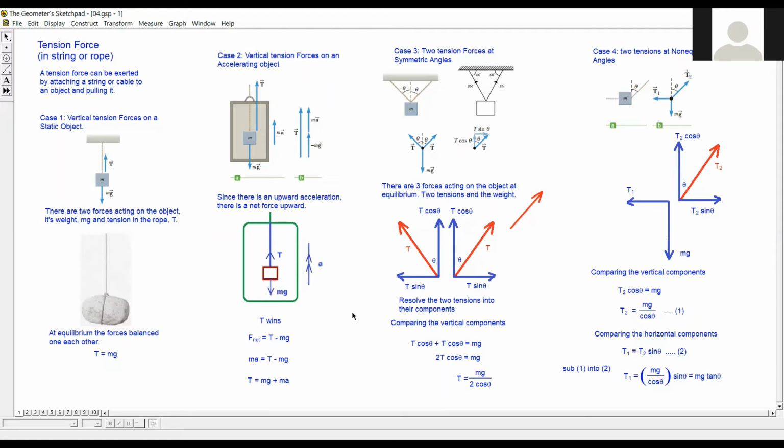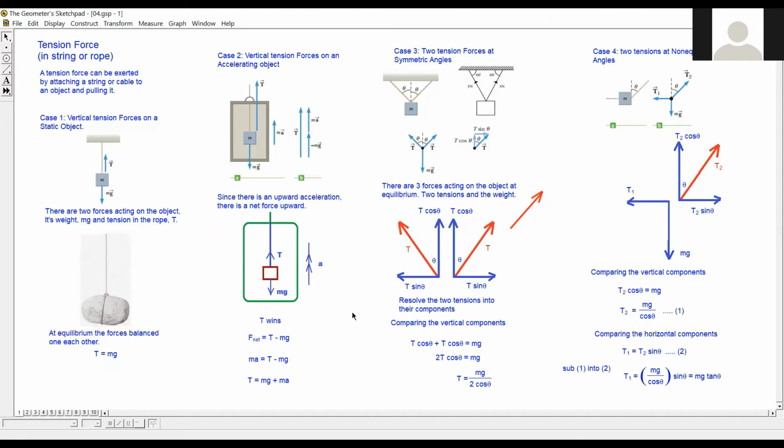Okay, so the second case. Now the second case is actually similar to our object inside the lift. We have learned earlier, right?